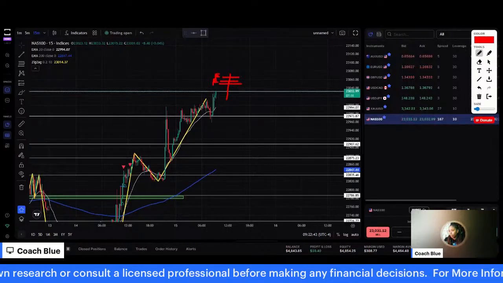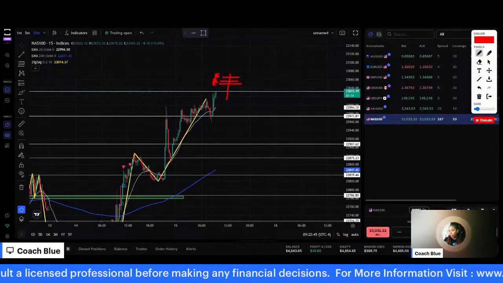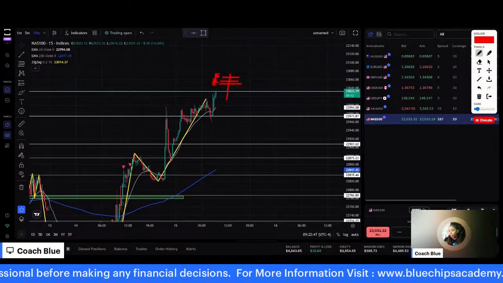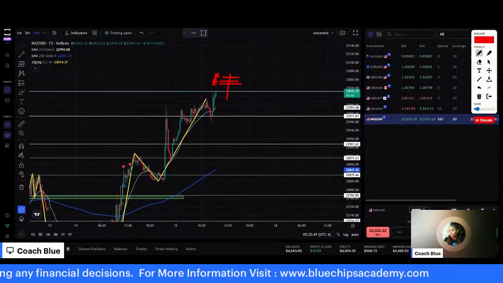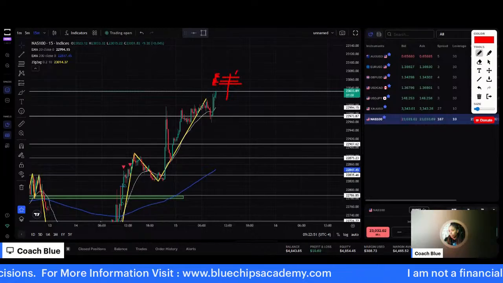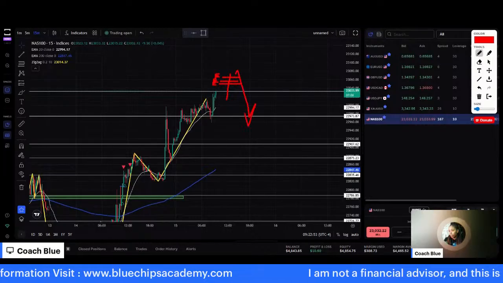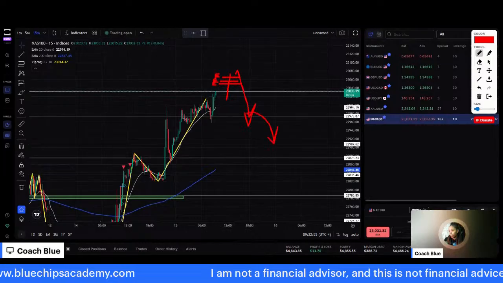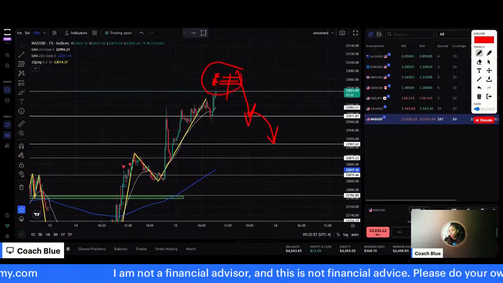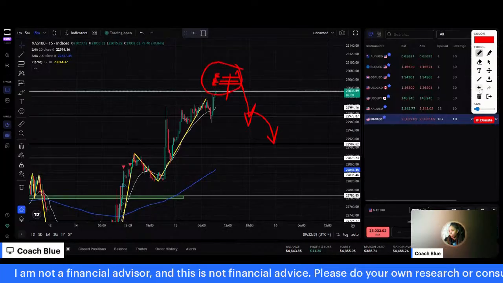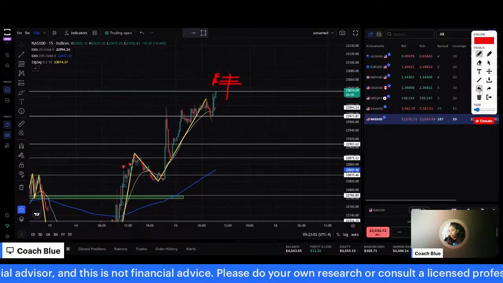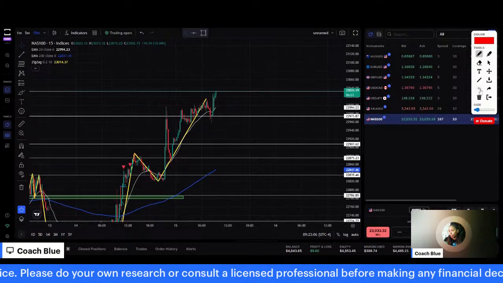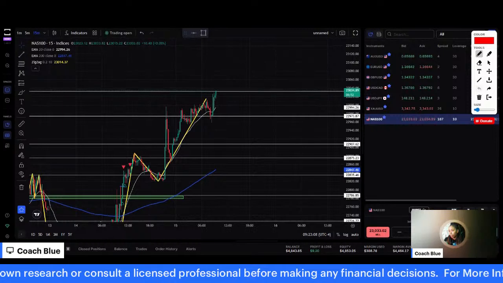And then what the institutional traders do, the bankers, the large global bankers, they bait these traders to enter the buy and then slam price down to the bottom side and take their profits off of that. So they reverse the price. So what we want to see is confirmation. Now, it's not all the time, okay?